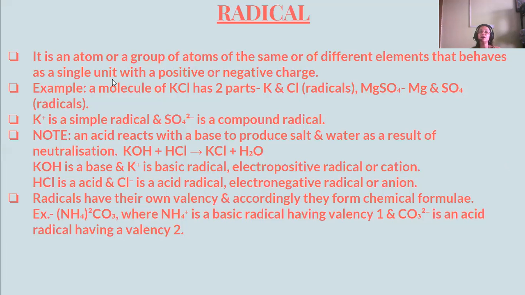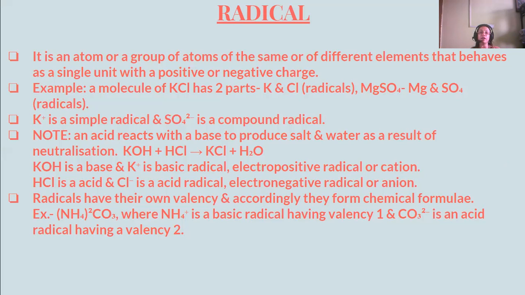Now see, a radical is an atom or a group of atoms of the same or of different elements that behaves as a single unit with a positive or a negative charge.